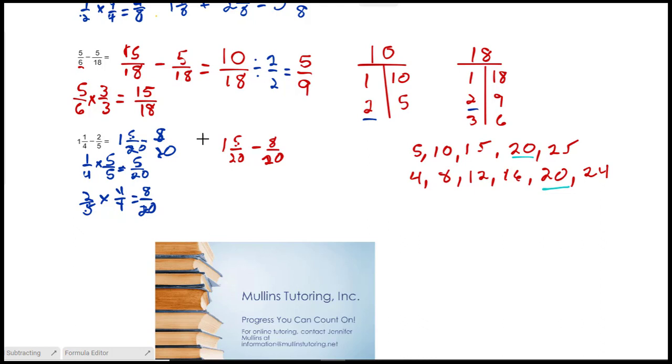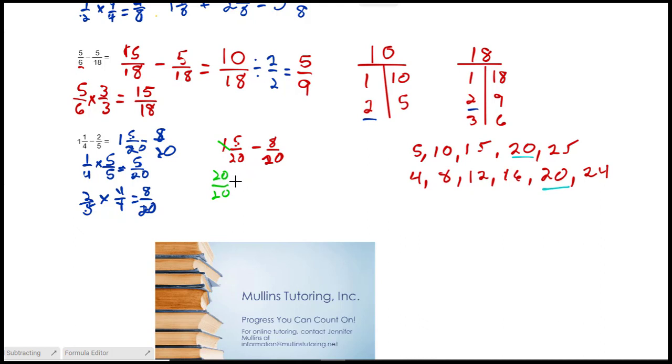So just like when we're using whole numbers, we have to borrow. And we're going to borrow from the 1, and we're going to convert that into 20 over 20, because as we've already talked about, any number over itself is equal to a whole. And in order to add to the 5/20, we have to have the common denominator.